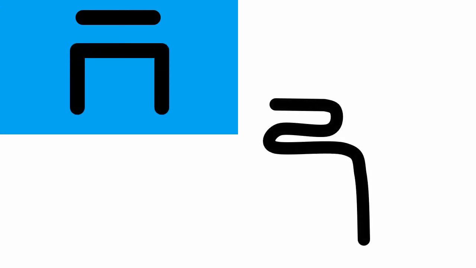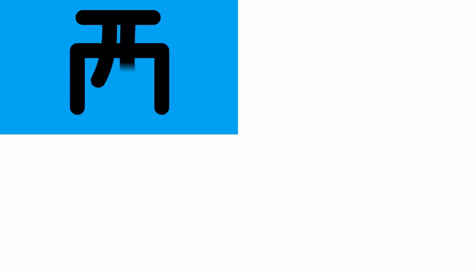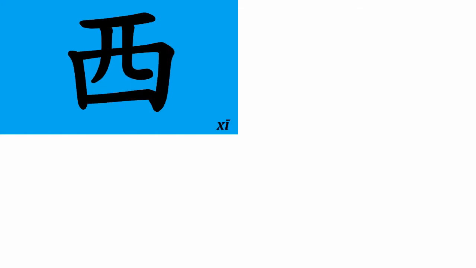The third character is the pictogram of another woven basket, but this one is open at one end to make it easy to find often used items. It was misconstrued as a bird's nest because birds naturally come to rest at sunset, so a bird figure was later added to reinforce that idea. This character is pronounced first tone, xi, xi, and unsurprisingly means west, the direction of the setting sun.